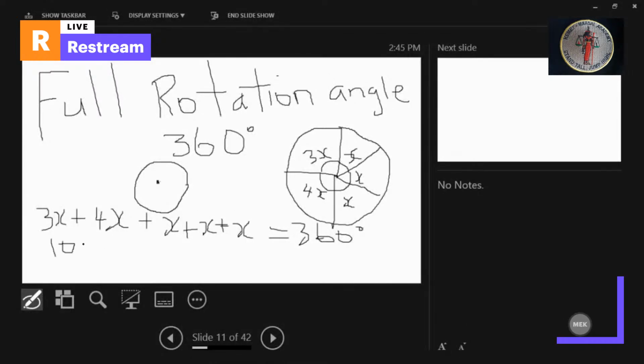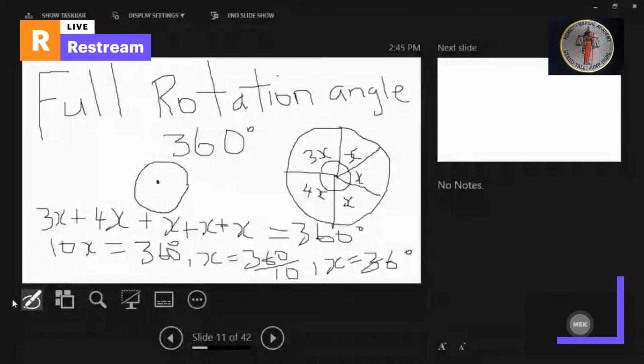So 10x is 360 degrees. Therefore, x would be 360 divided by 10. So wherever you see x, that is 36 degrees.